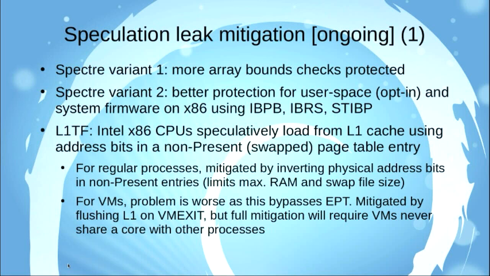So that's being protected on x86, and user space can also be protected using various new microcoded features. That's opt-in and is enabled automatically for user space that is sandboxed using seccomp, and it can also be explicitly enabled using a prctl system call.